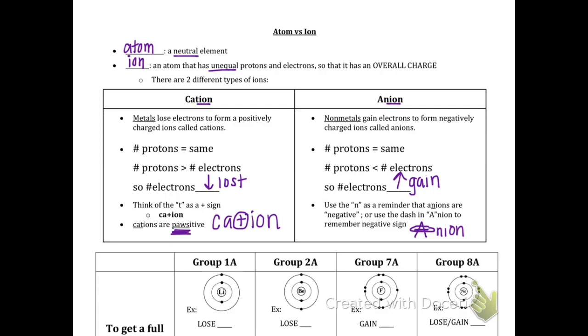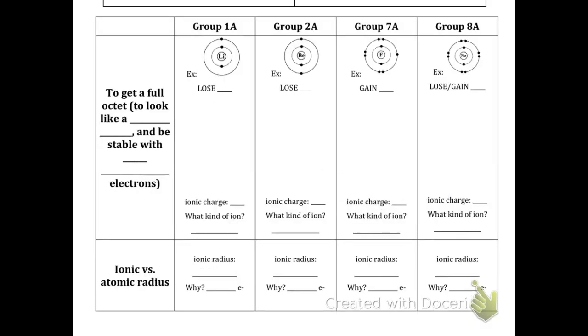Okay, so how can we apply this to our periodic table? How do we know why it's called a cation or an anion? So in order to do that, we are going to write some examples here. To get a full octet, remember, means 8.